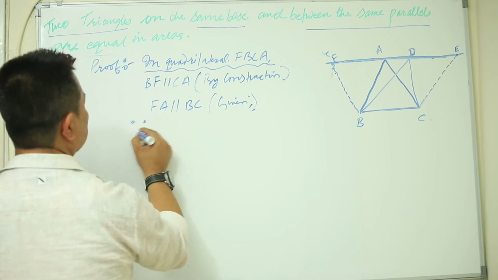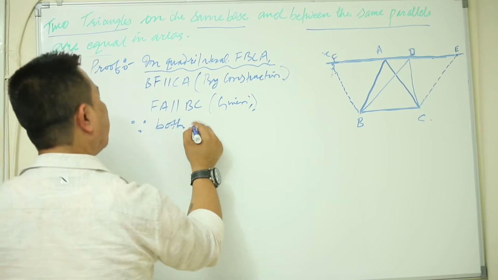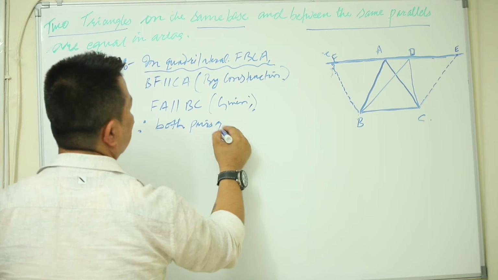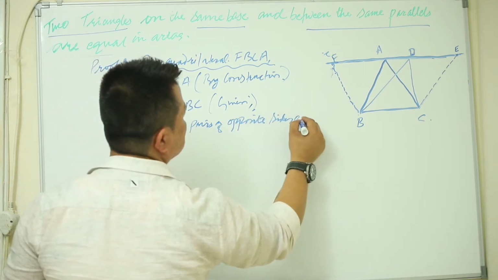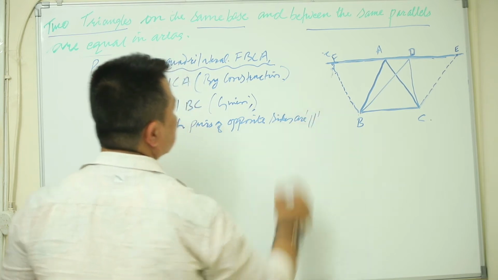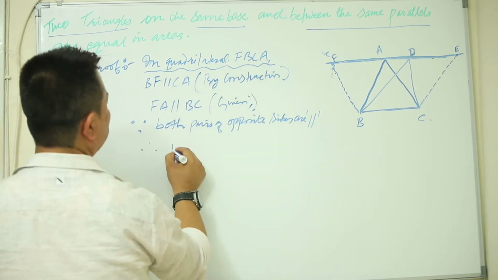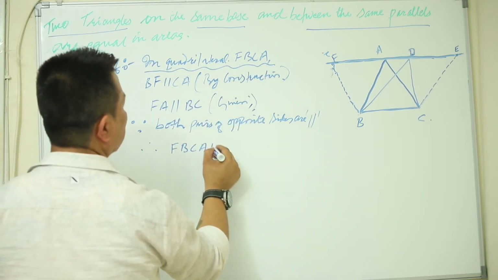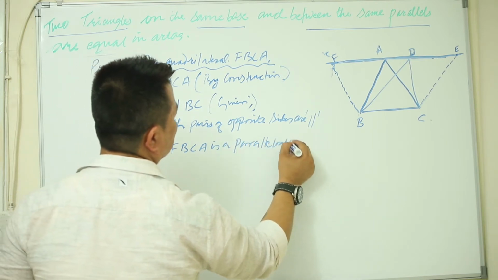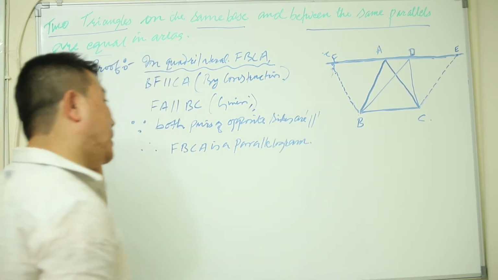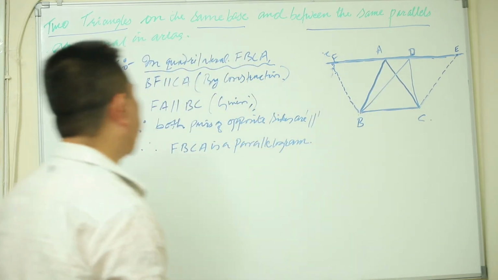Since both pairs of opposite sides are parallel, therefore FBCA is a parallelogram.